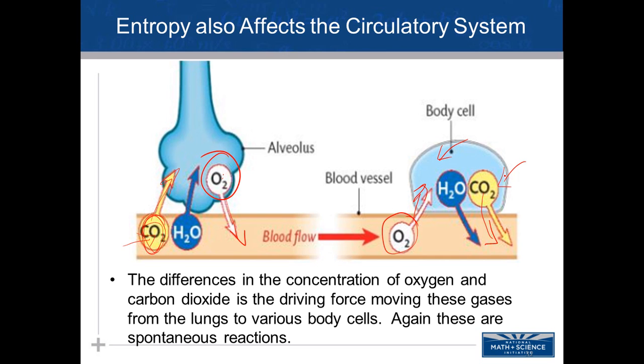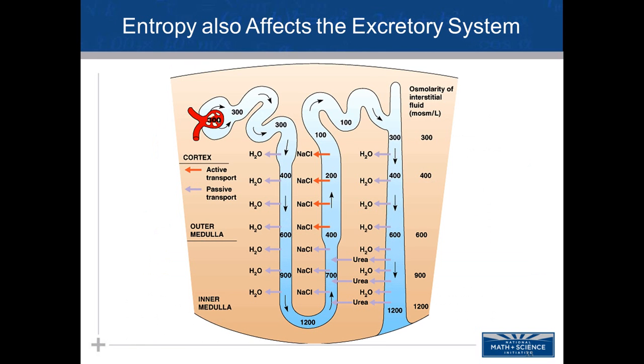Another example where entropy has an effect in the movement of molecules is in your excretory system and the kidney in the filtering unit called the nephron. As you can see by this diagram, many of the molecules move across the membrane, across the nephron through passive transport.